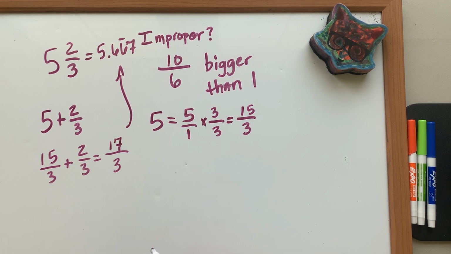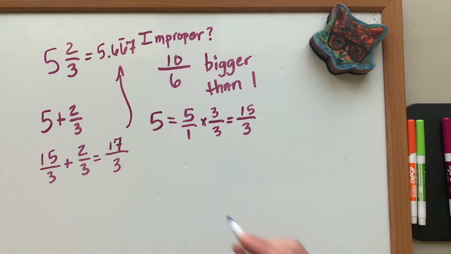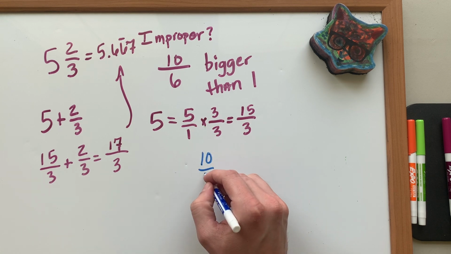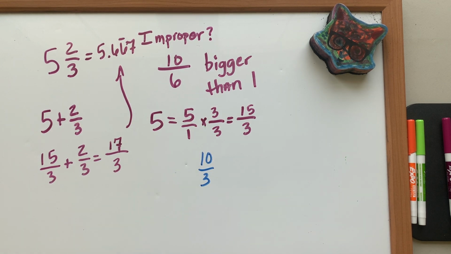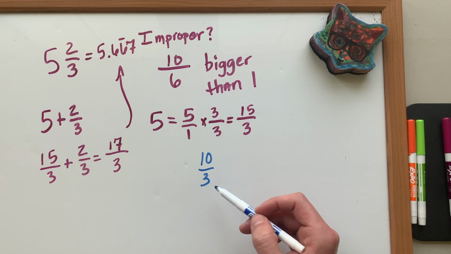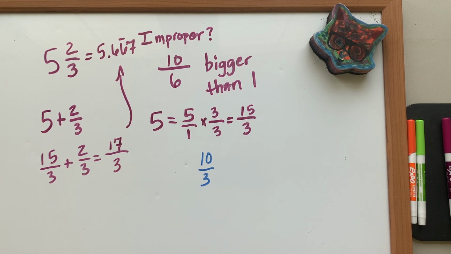Now, how do we go the other direction? What if I have a new problem where I have 10/3 and I want to convert that into a mixed number? This is improper because the numerator is bigger than the denominator, so it has a value greater than 1.